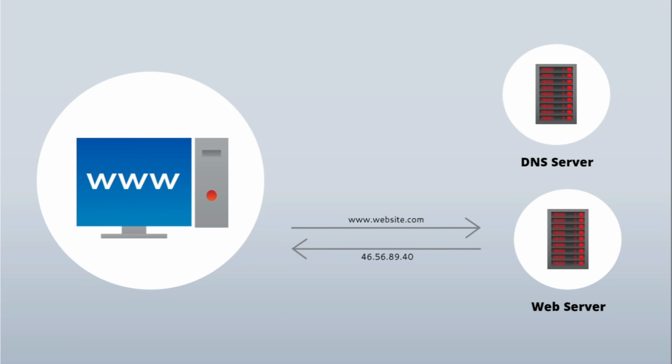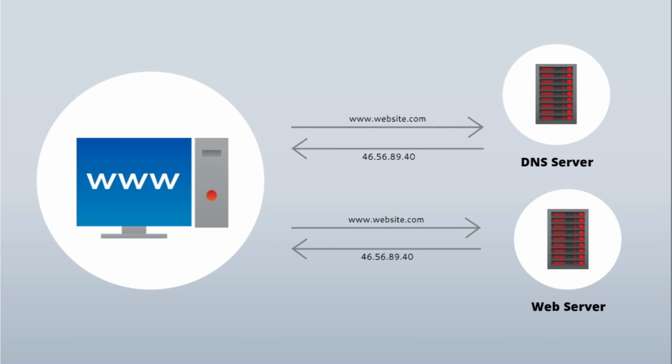So this is the IP address which is used by the web server, but the web server will not allow you to access the website by typing this www.website.com, because you have to type this 46.56.89.40. So the web server knows about this IP address, so it's going to reply.